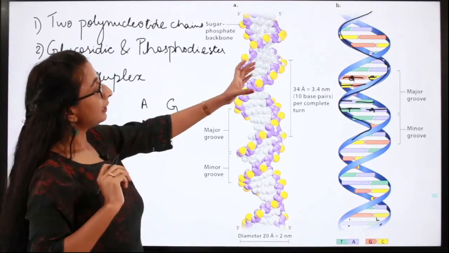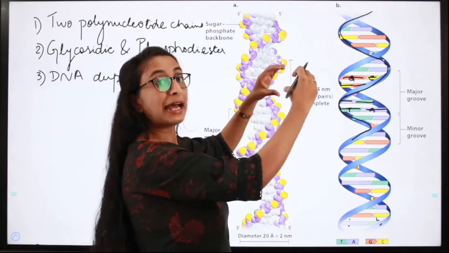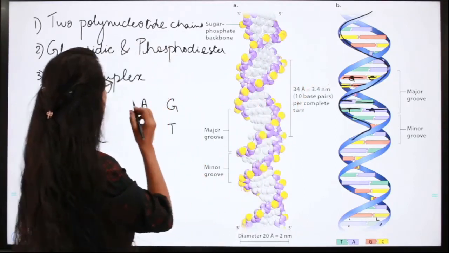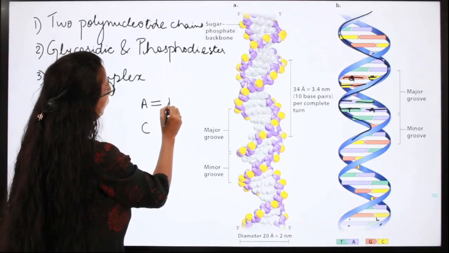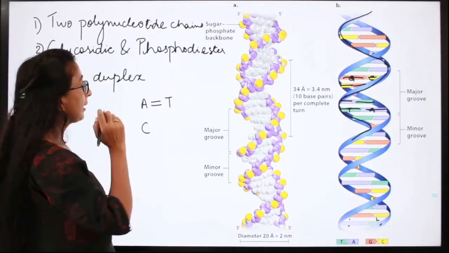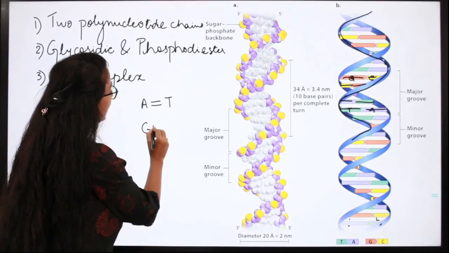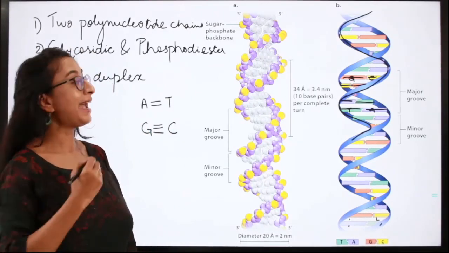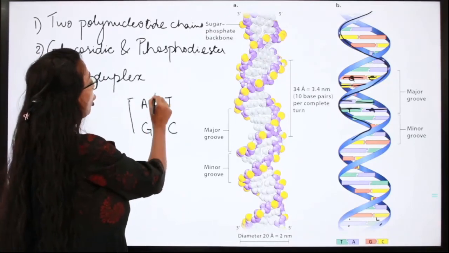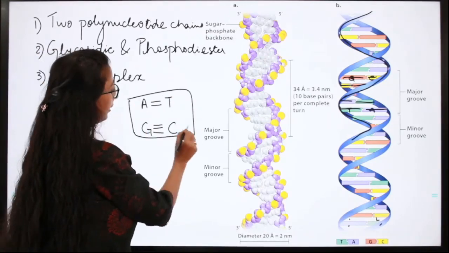You can find that one purine combines with another pyrimidine. So adenine always base pairs with thymine with 2 hydrogen bonds, and then guanine always base pairs with cytosine with 3 hydrogen bond, and this is what we call it as complementary base pairing.